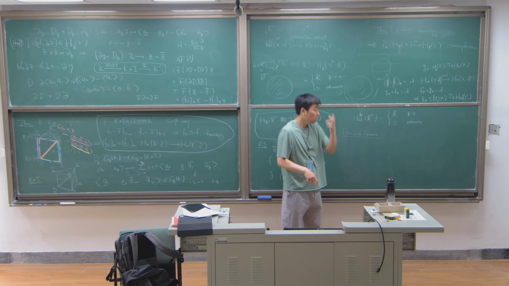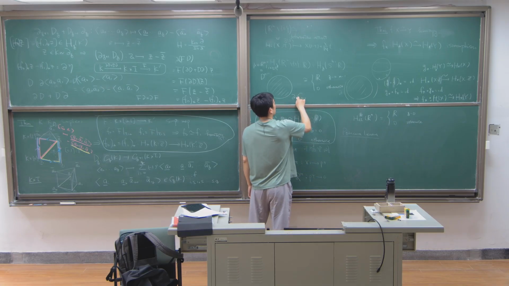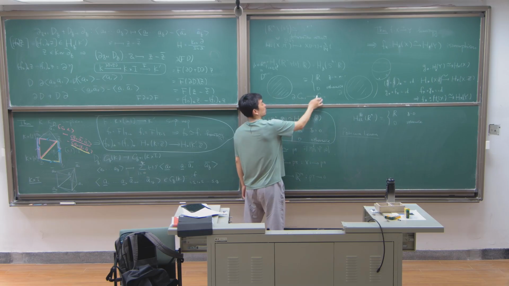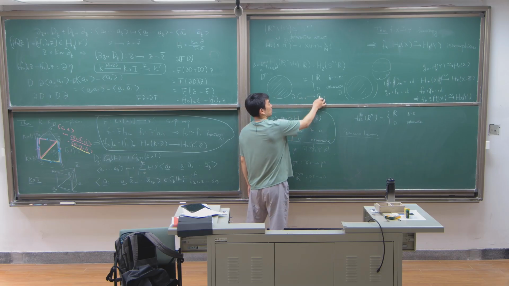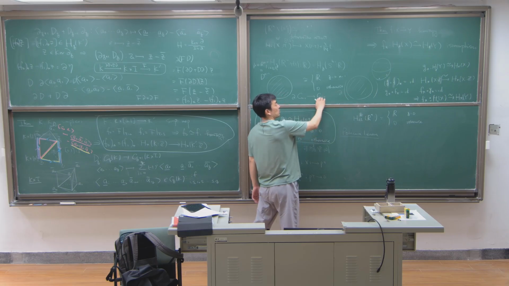So, in the map from C n minus 1 to C n minus 2, the disk is mapped to the point, which means it is not inside degree n minus 2.